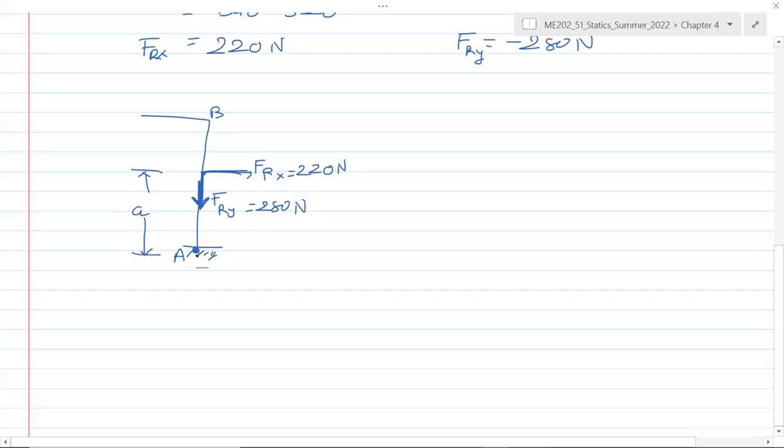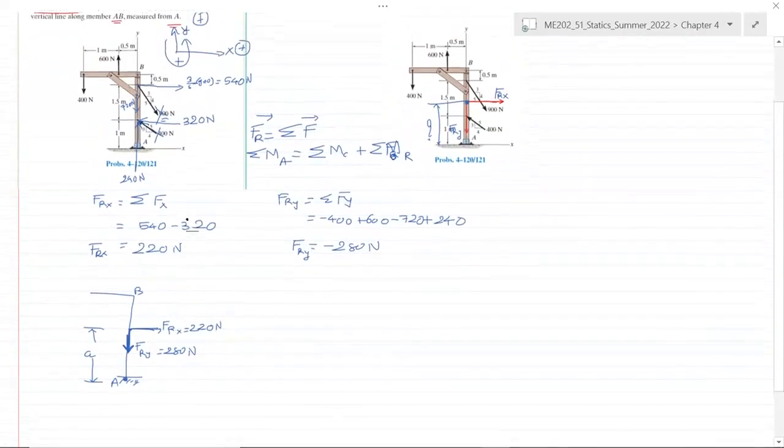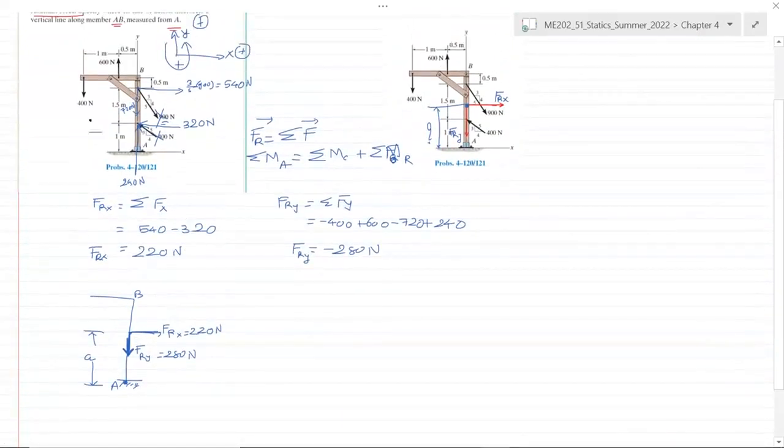So we assume that it is located at a distance a from point A. If this new system and the previous system are equivalent, then the net moment at point A should be the same. The net moment calculated because of all the forces here about A should be the same as the net moment because of these forces about A. The moment includes both force and distance, so that's where a will be multiplied with the force in the equation of moment, and we will be able to solve for a.